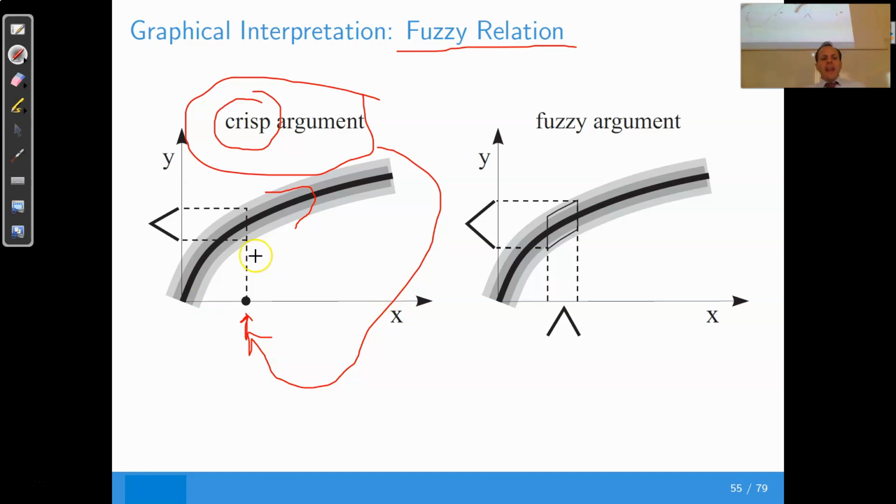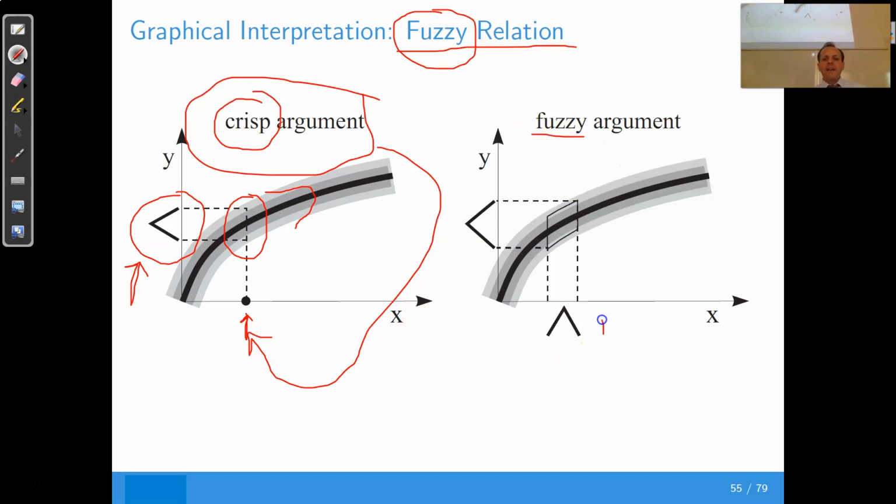And when we have this symbol, it indicates a fuzzy variable, because the function is fuzzy. So also the output is a fuzzy variable.